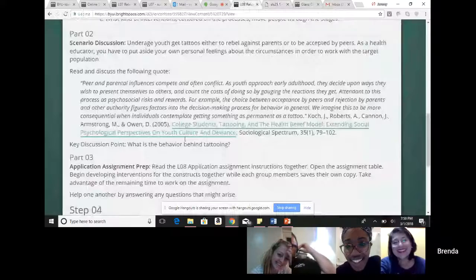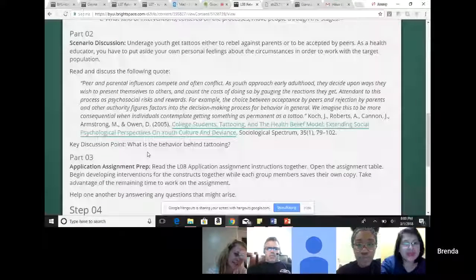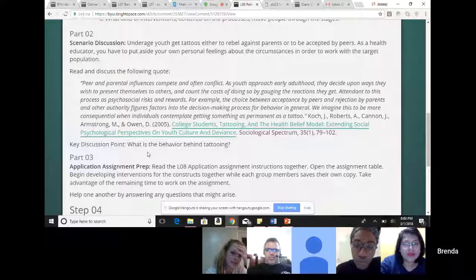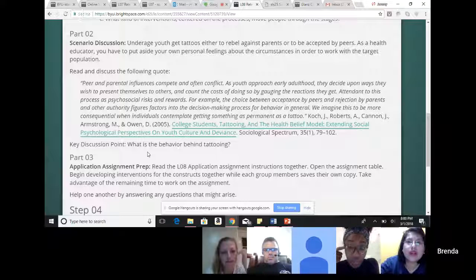I think what it says is the discussion point: what is the behavior behind tattooing? Everyone's doing it. Yeah, I think peer pressure, like you were saying, Gertrude, about social barriers. It's maybe the opposite, why you would do something as opposed to why you would stop doing something, but the same sort of social pressure.